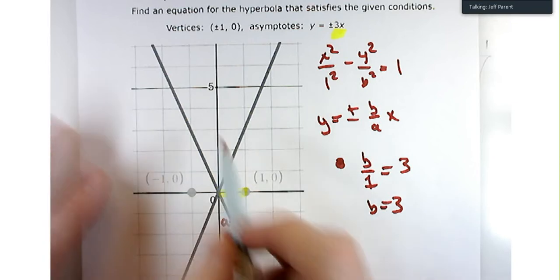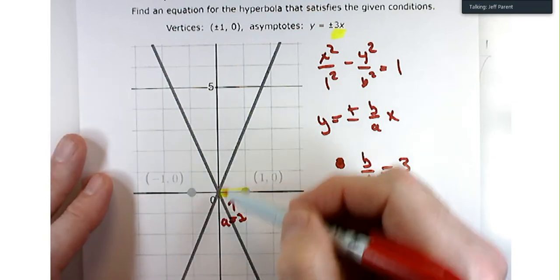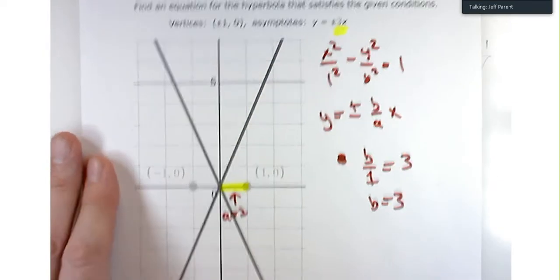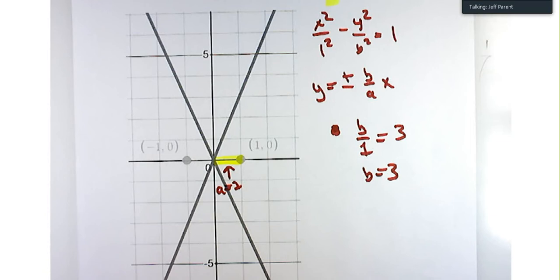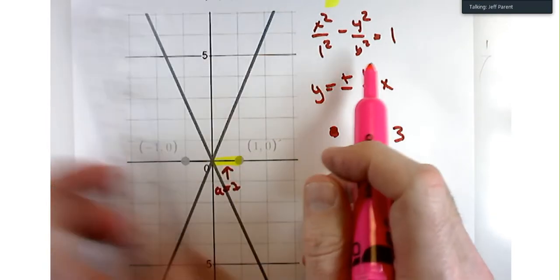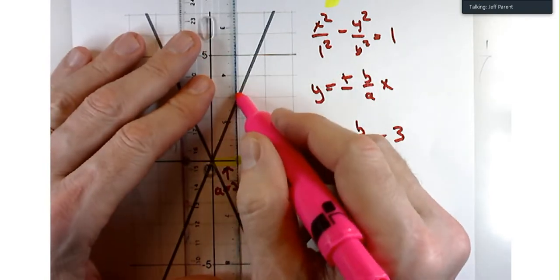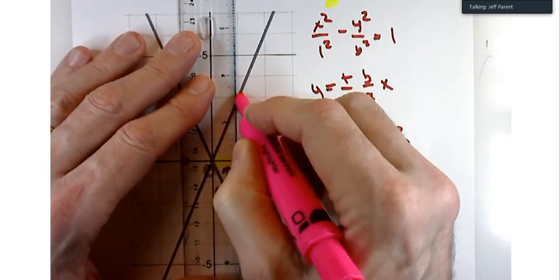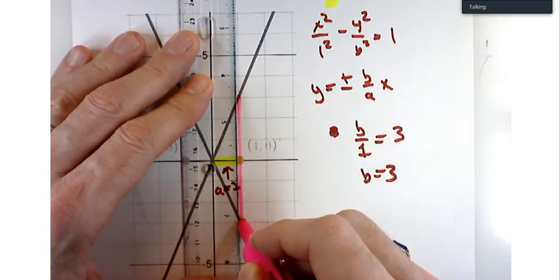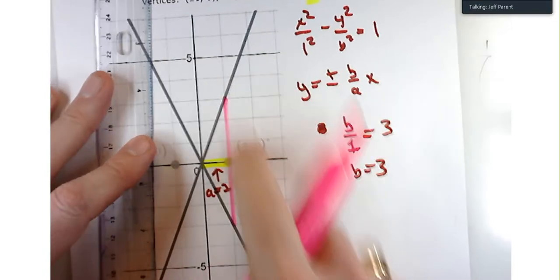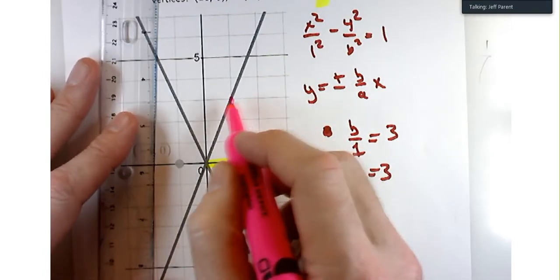Now there's another way you can get b as well. Remember, when you draw this rectangle, you're going up a height of b. So how are we going to draw that rectangle? Well, you can just draw a vertical line through this vertex, and it'll strike this asymptote at a height of b.